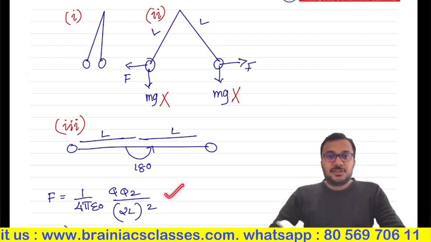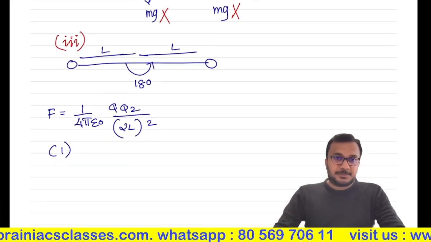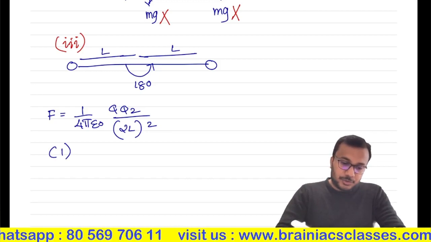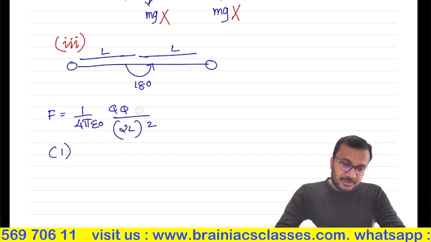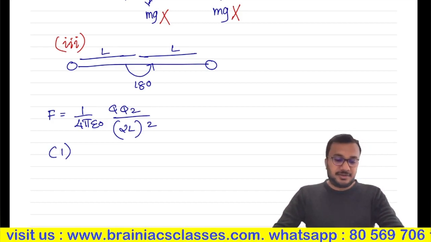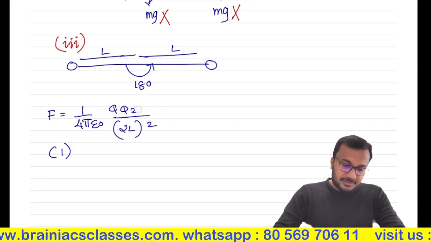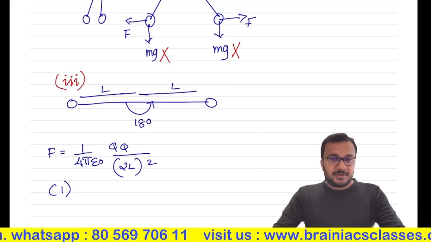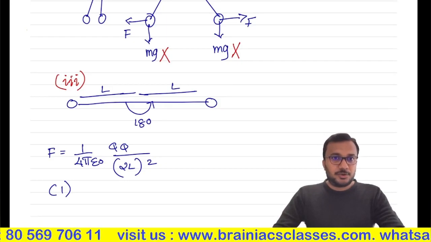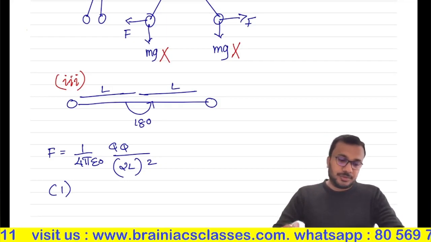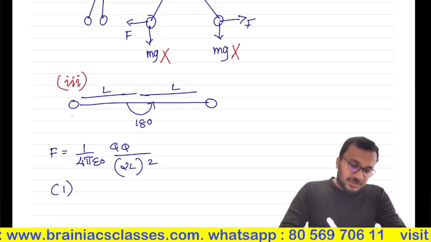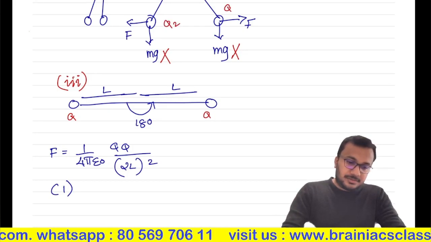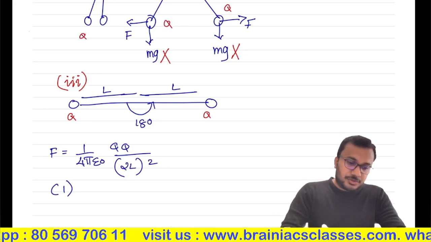So now we are applying Coulomb's law: 1 by 4 pi epsilon 0 q1 q2. Here we don't need to write q2, because they just gave the charges, so we just write q into q. They have not told us q1 and q2, so I just took q into q. Each of the charges, this charge is q and this charge is q.